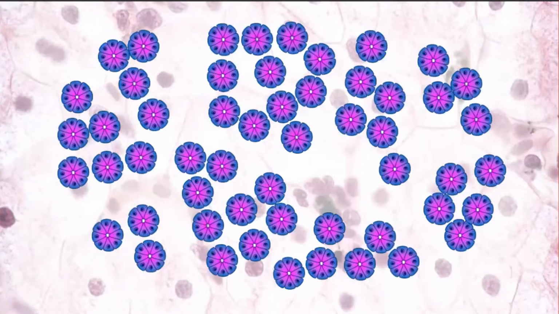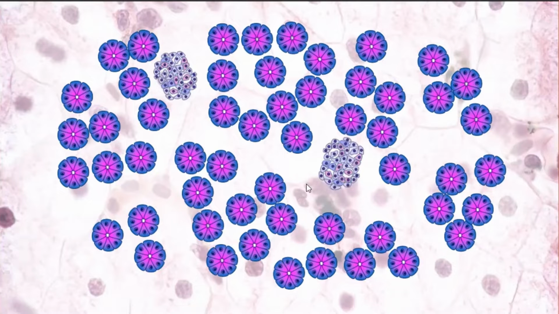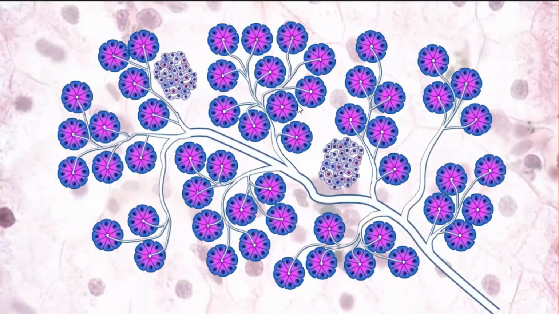And let's look at the structure of pancreas. Here we can see secretory units of pancreas, or pancreatic acini, and between them we have islets of Langerhans. Acini are structural and functional units of the exocrine part of pancreas, and islets of Langerhans are structural and functional units of the endocrine part. Exocrine secretory units also have ducts.